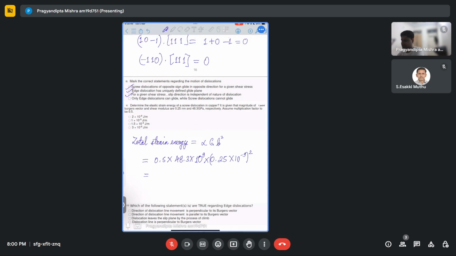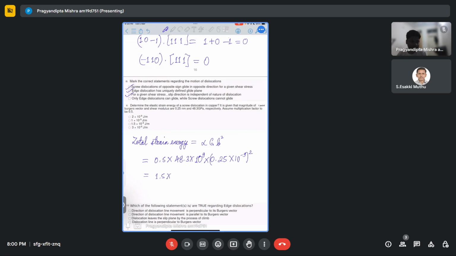Let me just calculate the answer. So I got the final answer to be equal to 1.5 into 10 power minus 9.